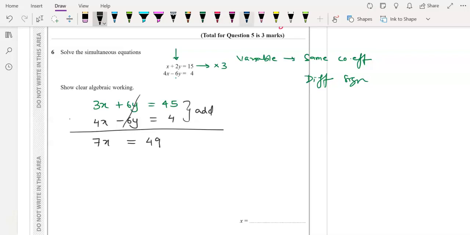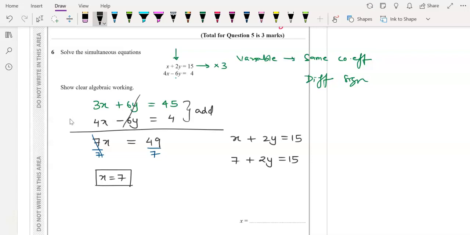Find the value of x. I need to cancel 7. So divide both sides by 7. You will get your answer x equals 7. Now to find y, you can substitute x equal to 7 in any of the equations. So let's take the first one, x plus 2y equal to 15. Value of x is 7, plus 2y is 15.